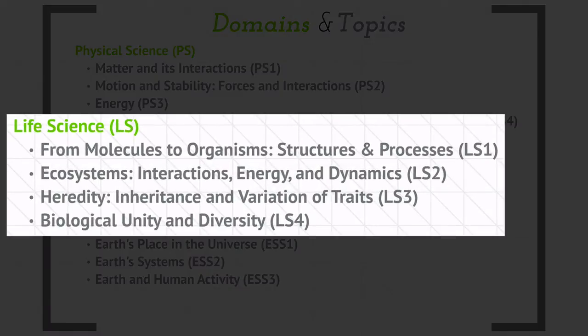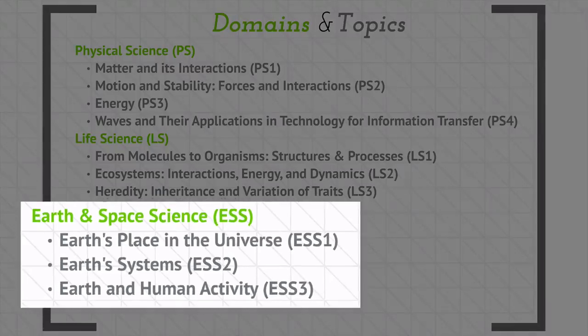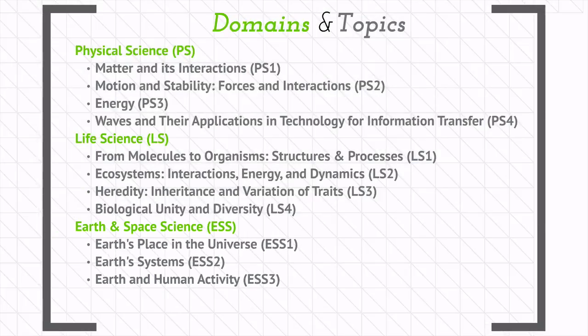For life science, we see 4. And for earth and space science, we see 3. The goal is to provide students with experiences in each of these topics as they progress through their learning in K-12. However, you won't see every topic show up in every grade level. In particular, we're going to take a look at a sample of an elementary progression for grade 3 through 5.